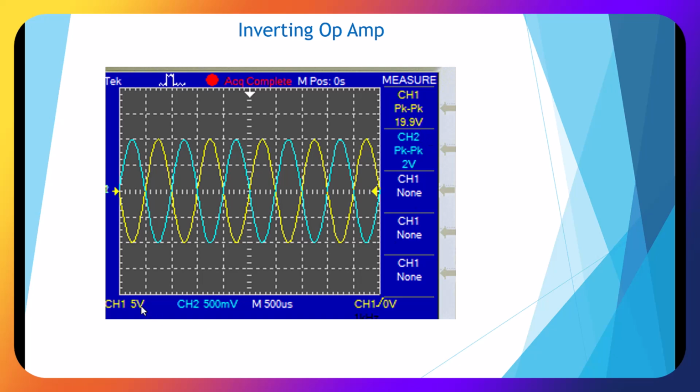On the bottom we got 5 volts per channel, 20 volts peak to peak, and we could count our boxes, 1, 2, 3, 4, our graticules, and 4 times 5 is 20, and 0.5 comes out to 2 volts. Okay, and as you see that it is 180 out of phase, being an inverting op-amp, so this is correct.